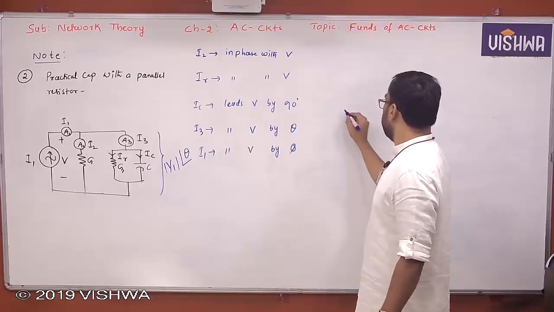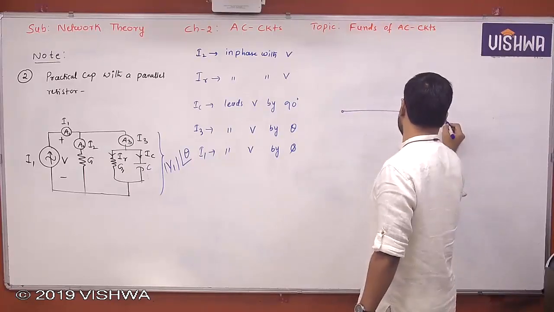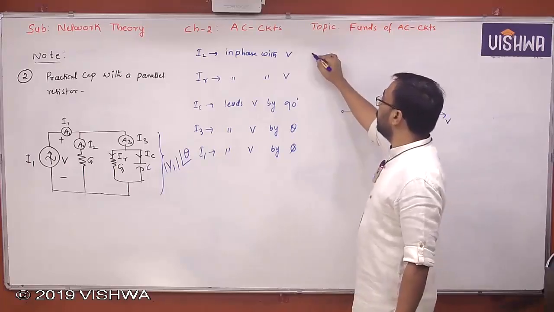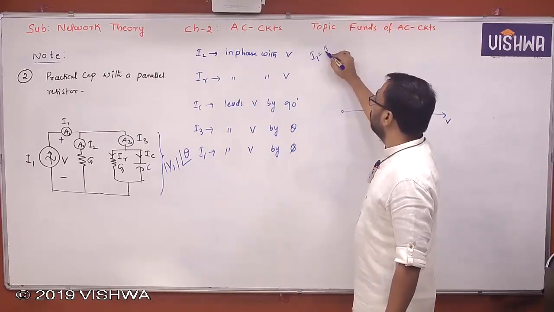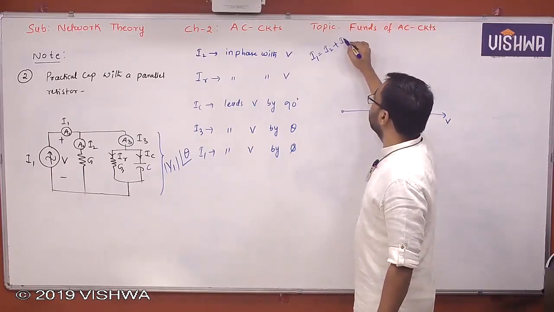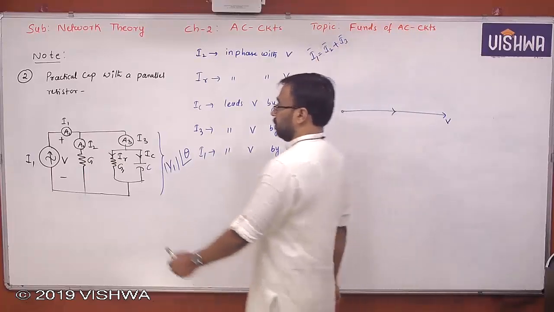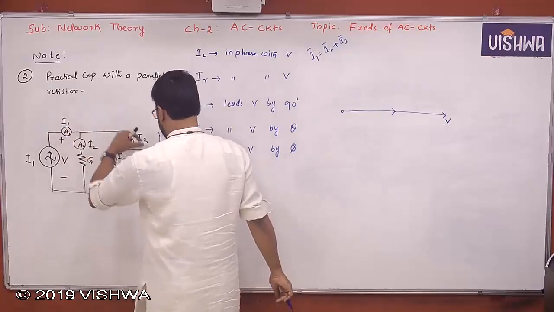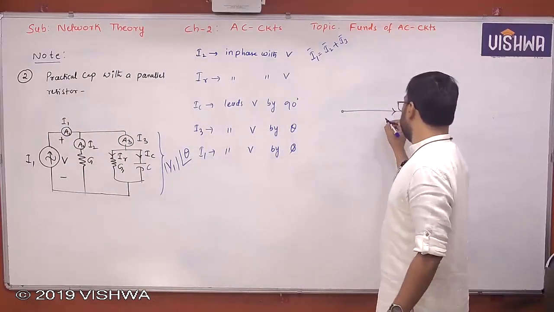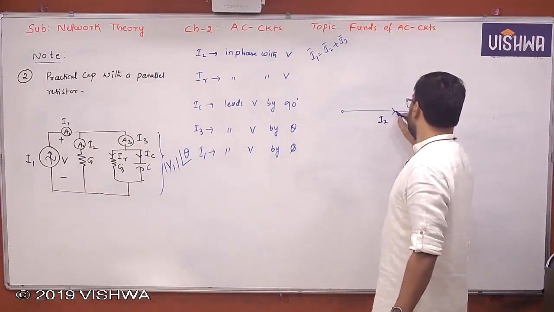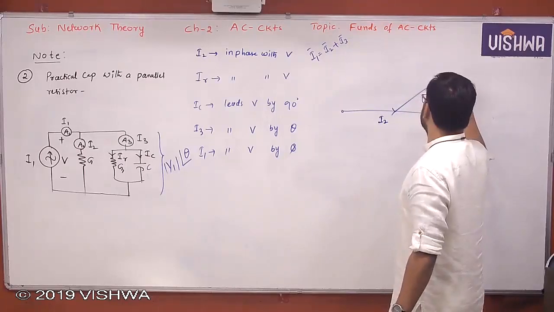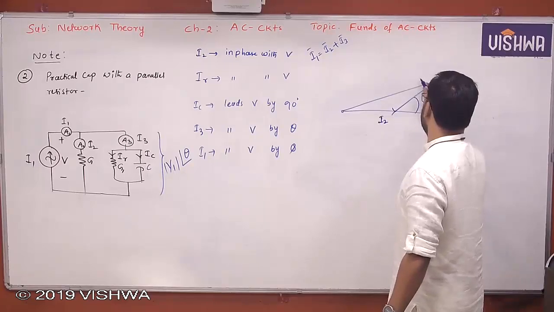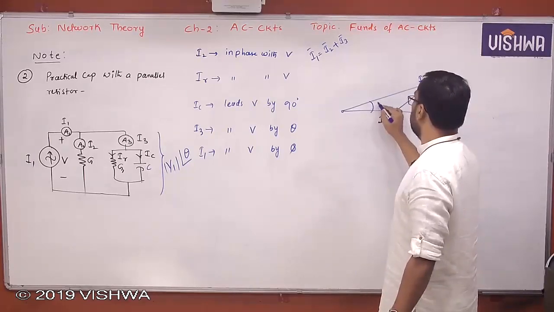Now let me draw the phasor diagram. I am taking the voltage phasor as the reference phasor. Now what is the relation you have? I1 is nothing but I2 plus I3. The current is getting divided. Now this is I2. Now this is I3, at angle theta. Now this is I1. It makes an angle phi.